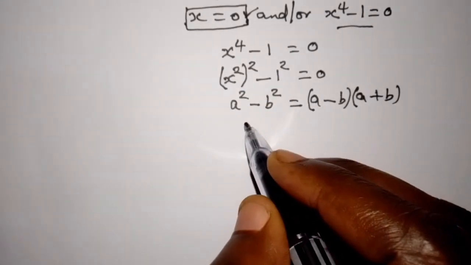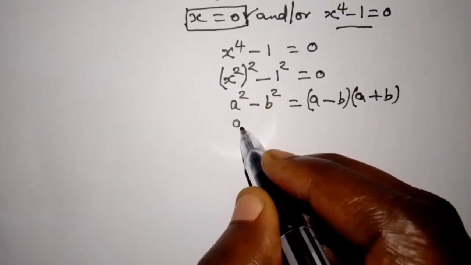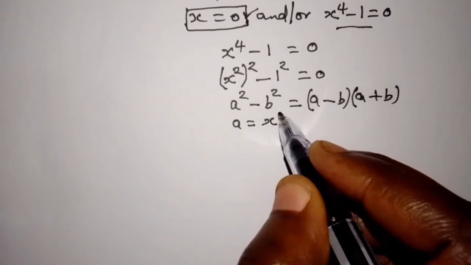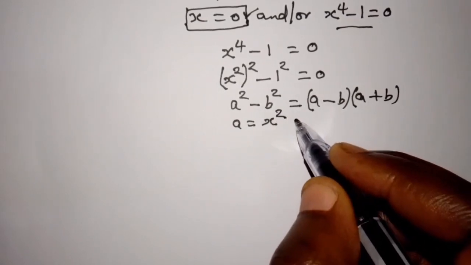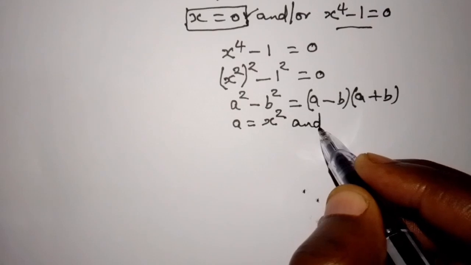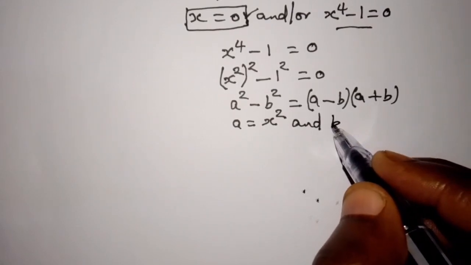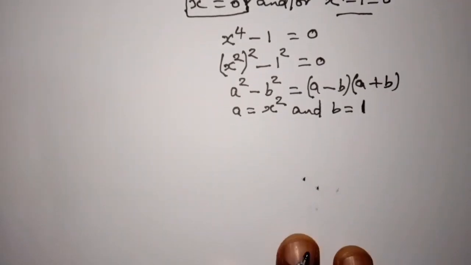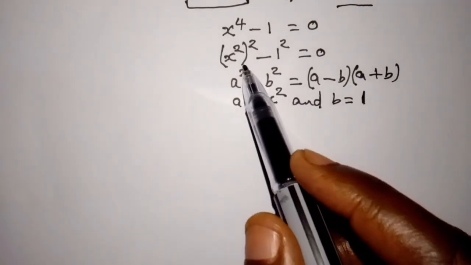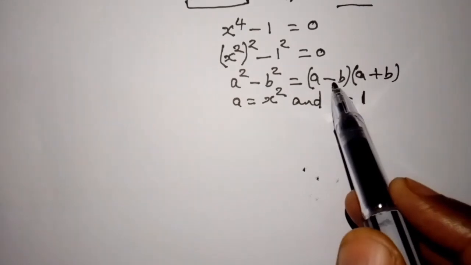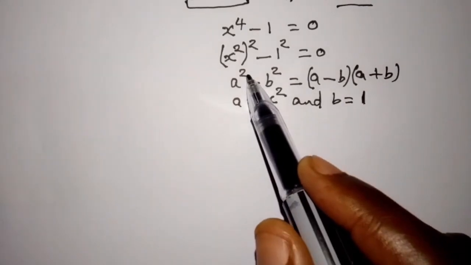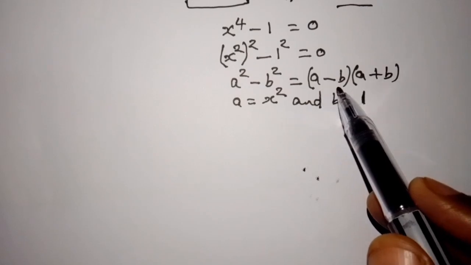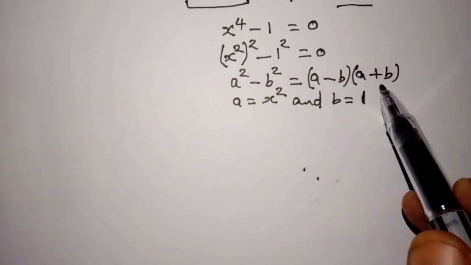So now our a here is x power 2 and our b is 1. So we can express this equation in the form of a square minus b square is equal to a minus b bracket a plus b.